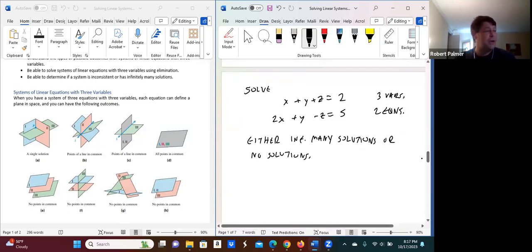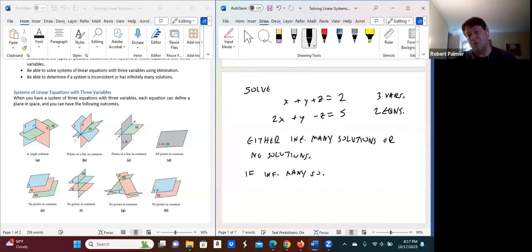So our directions here, if infinitely many solutions, are to write the solutions with what's called an arbitrary z.